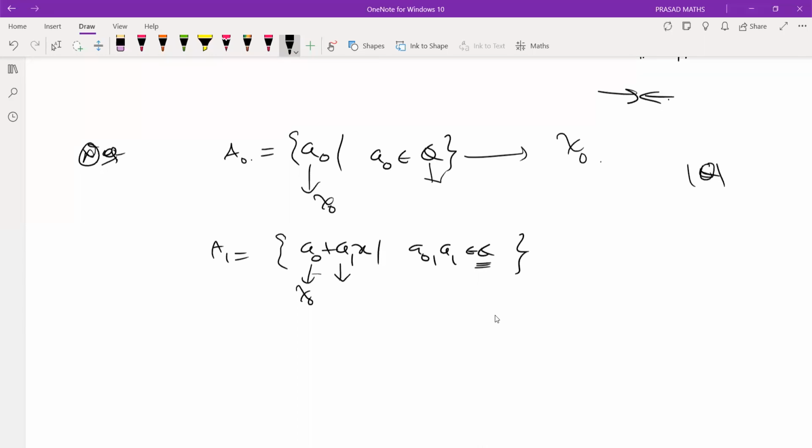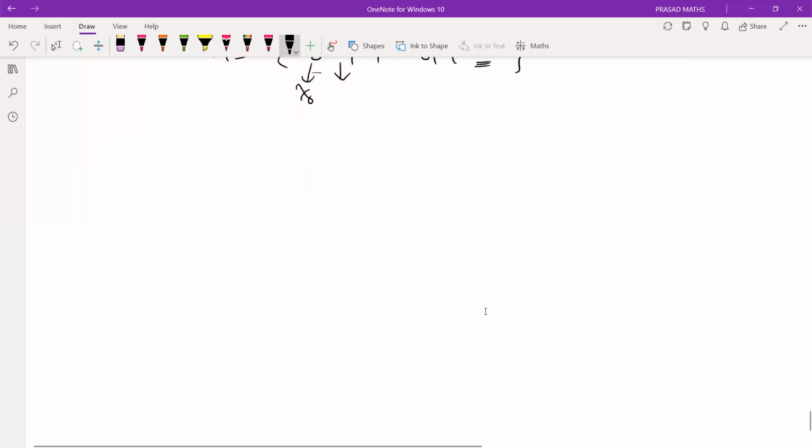Aleph naught, sir. Because by Cantor's theorem, what is the cardinality of Q? Q is always, we have seen, less than or equal to. Till now, you have taken the cardinality of all countable sets as Aleph naught.